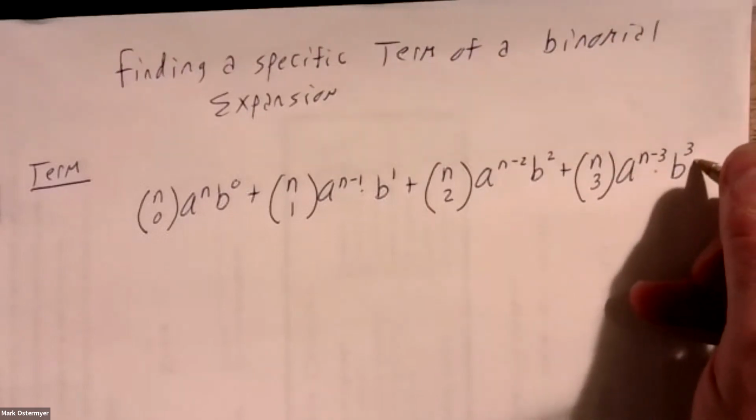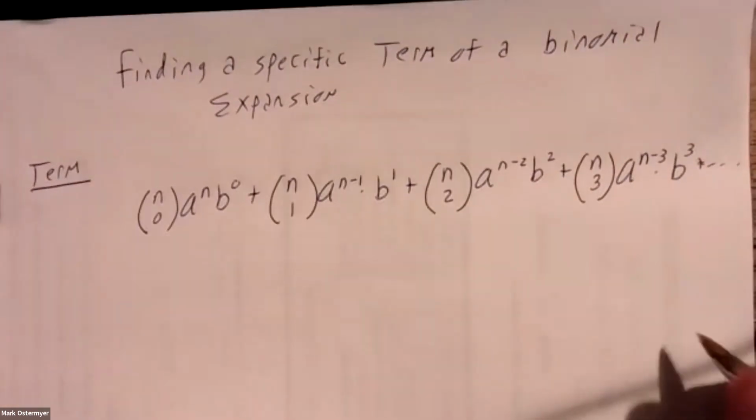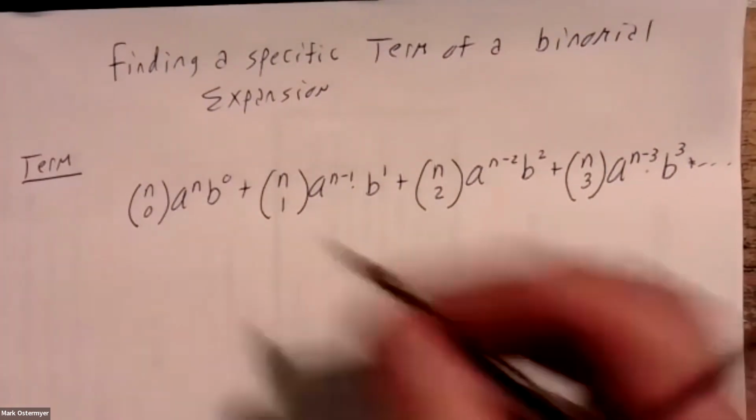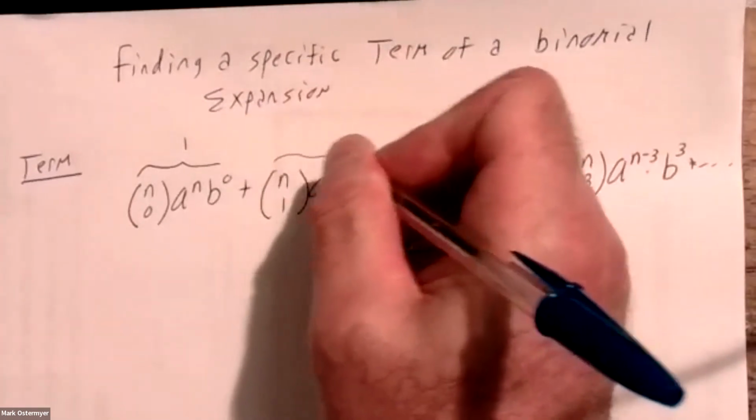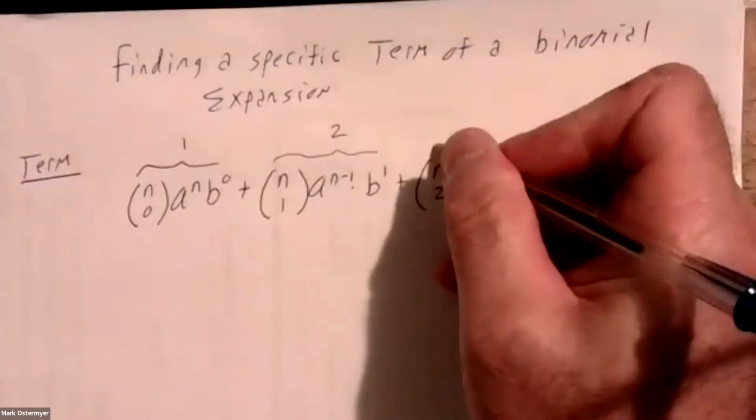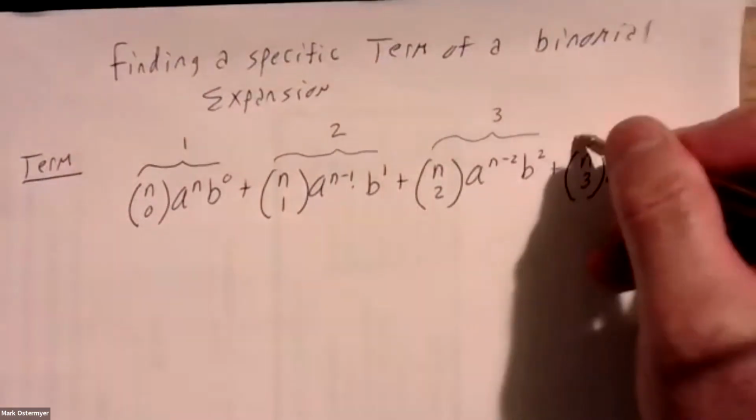And on and on this would go forever. All right, this is term number 1. This is the second term, third term, and the 4th term.